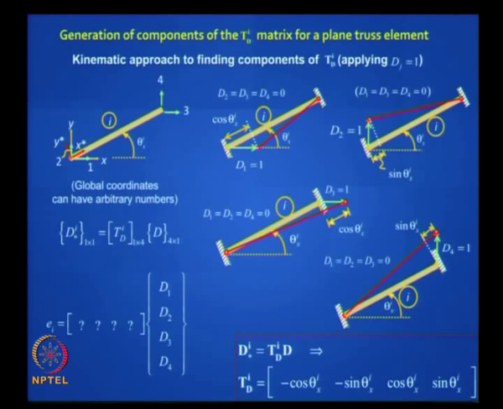The plane frame is an advancement on the plane truss, because in a plane truss you have 4 degrees of freedom in the conventional system. So we are familiar with this transformation, minus cos theta, minus sin theta, cos theta, sin theta, and you will recall there are two ways of deriving this. This is the kinematic way, but there is also an easy static way where you get the TD transpose matrix. So you are familiar with this.